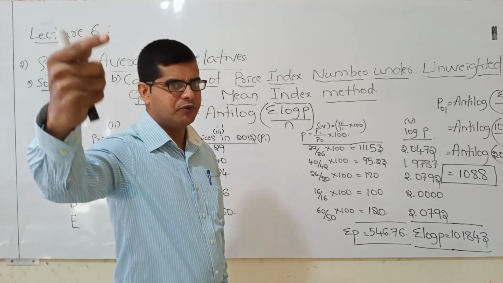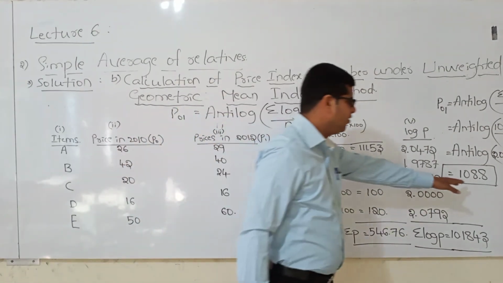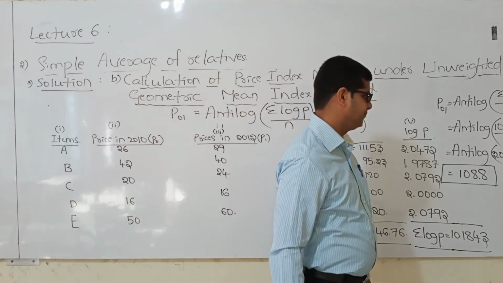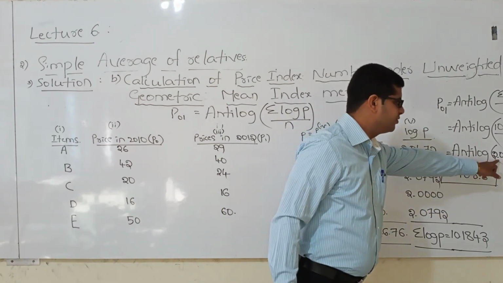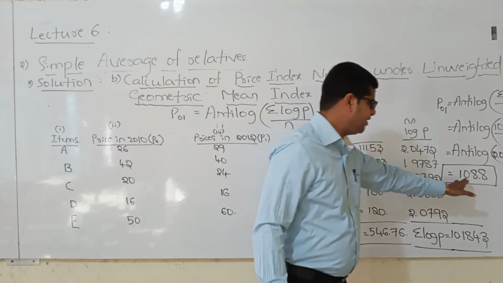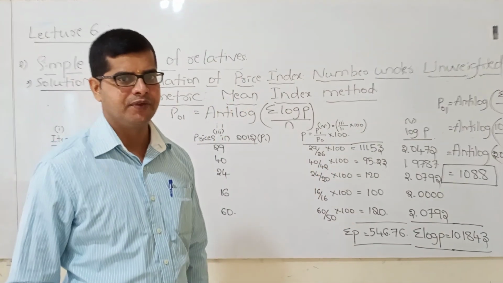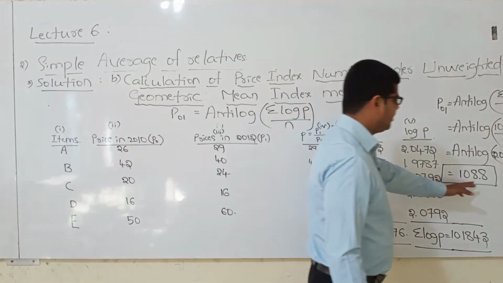The mean difference you are getting in the 8th column is to be added. So you are getting this value 1088. Now because of the characteristic, we are taking it as 108.8. Now what is the meaning of this 108.8?